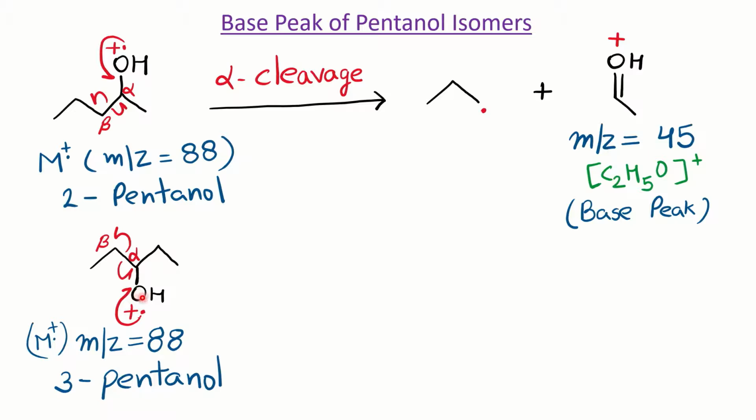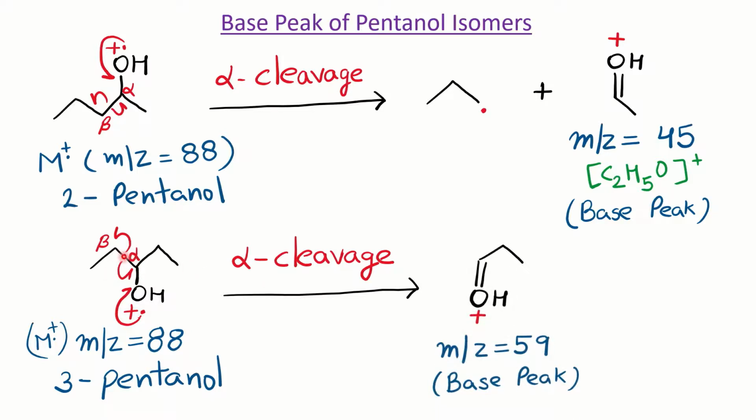Other possibility to write the pentanol isomer is 3-pentanol. The position of OH is 3 here, 1, 2, 3. So here again we will see whether it is going to give you the same base peak after alpha cleavage or some other fragmentation. If you do the alpha cleavage here, okay, it is symmetrical, you can do the alpha cleavage from any side.